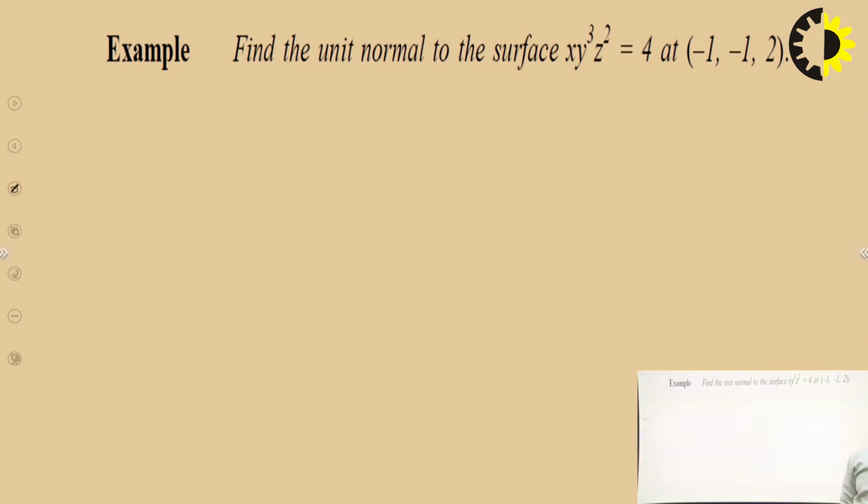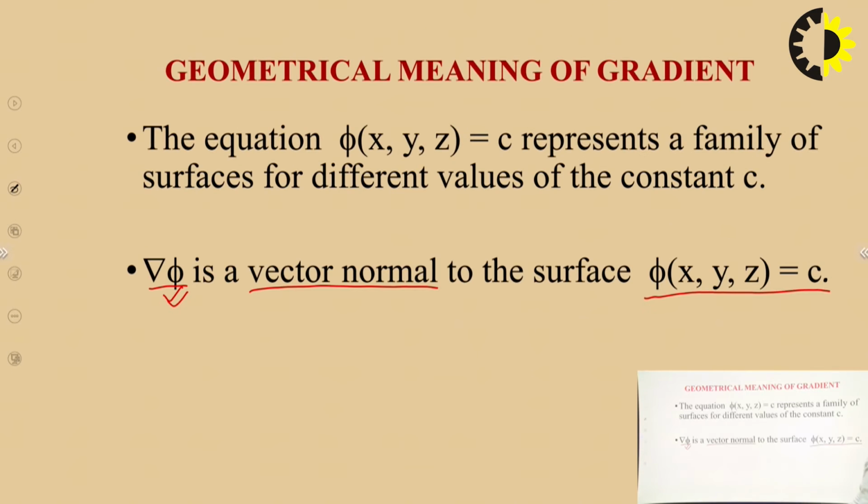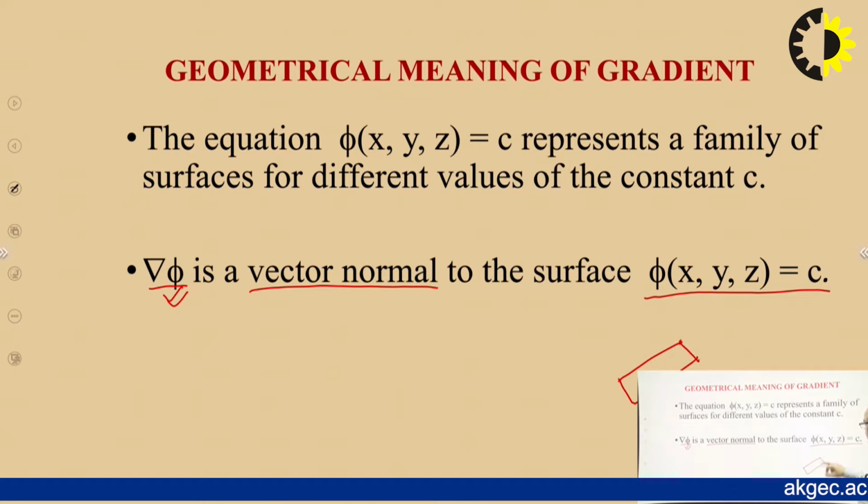Now another example. Before moving to this, if phi xyz is any surface defined by phi, then the normal vector is given by the gradient.